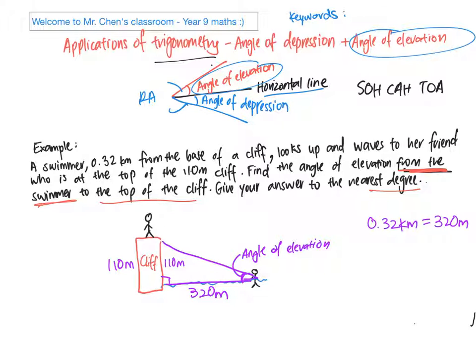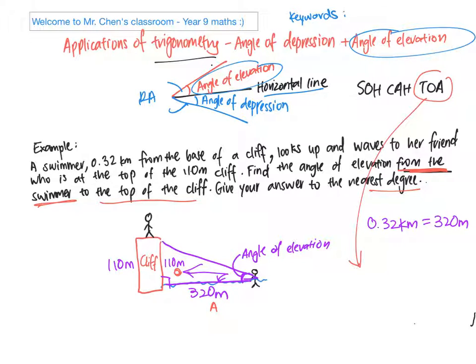So from the angle of elevation, we know that this length will be your opposite, and the length next to it is your adjacent. Since opposite and adjacent are given and we are looking for your angle of elevation, we know that we have to use tangent.